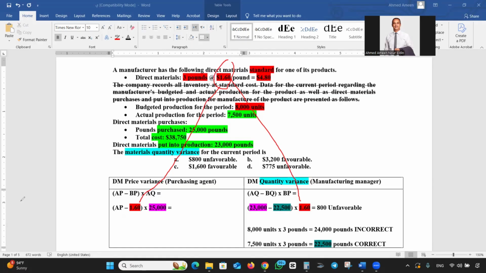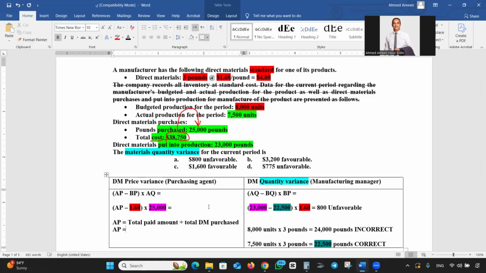Actual price, where is the actual price? It can be calculated easily. We paid 38,750 to buy 25,000 pounds of material. So we can calculate it by dividing: actual price will be equal to the total paid amount divided by the total direct material purchased.